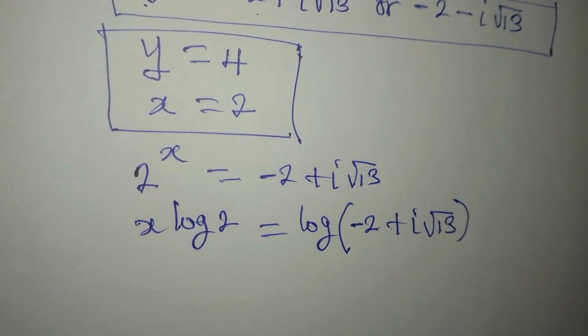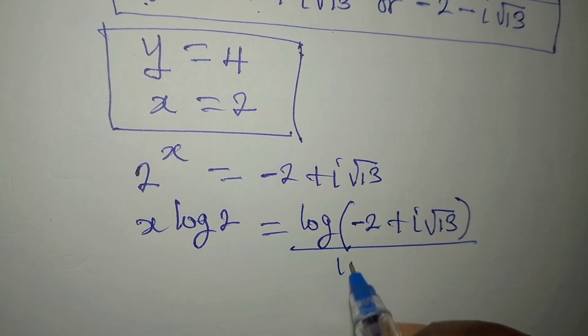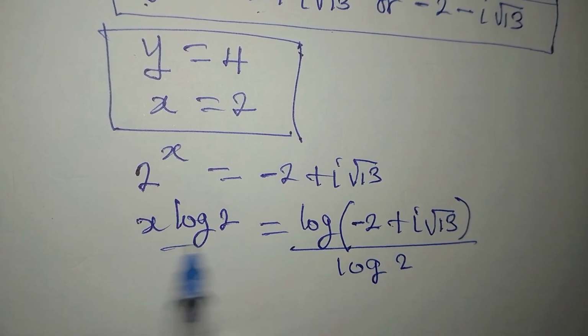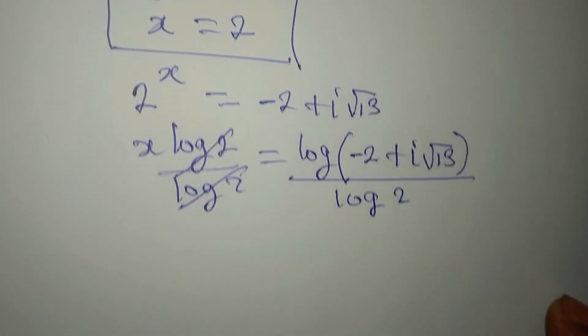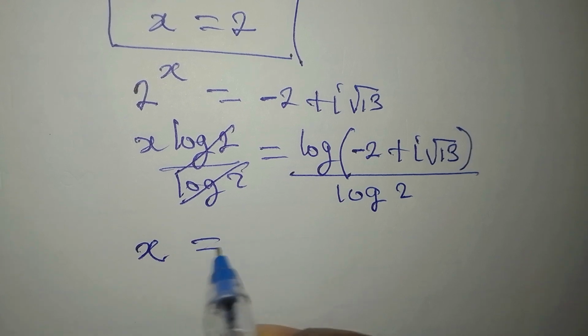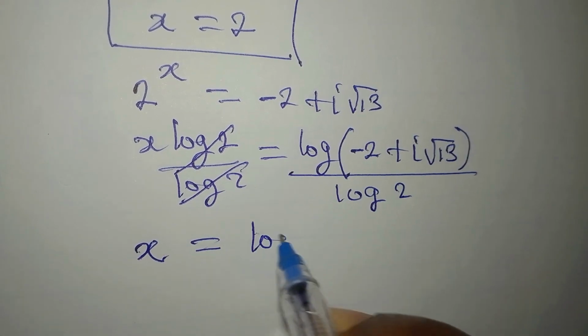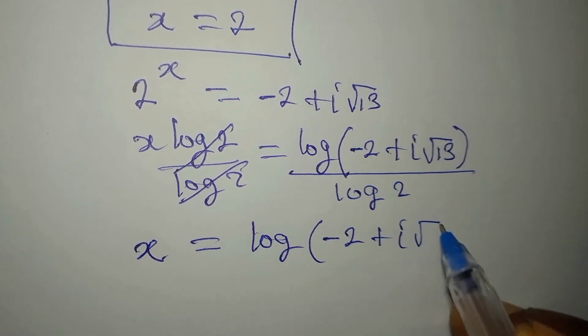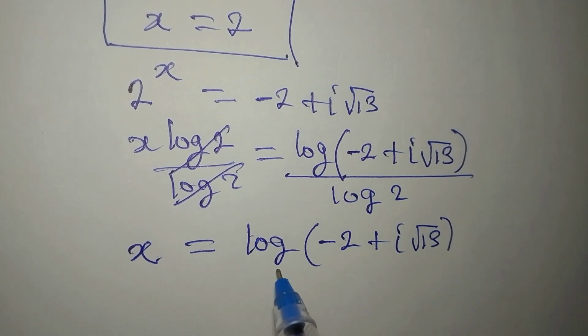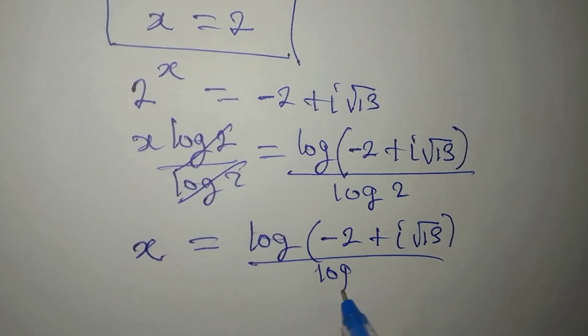So to get the value of x, we'll divide this by log 2, then divide this by log 2. This is going with this. So our x is now log of minus 2 plus I root 13 all over log 2, right?